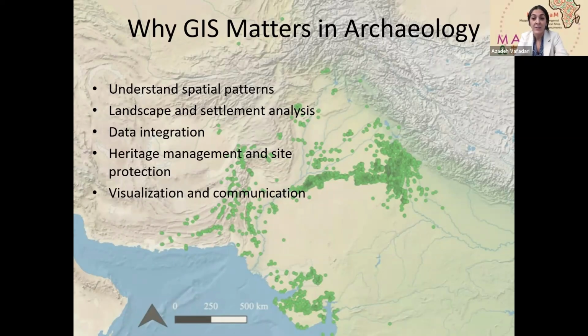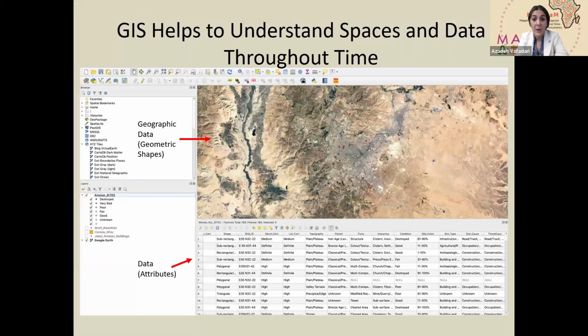You can integrate archaeological data with other related data, such as environmental, infrastructural, urban planning, and so on. It can also be used as a repository of site data for the management of sites. It's a tool that most use for visualization. You can visualize and communicate the visualization and interpretation with others, both for research and heritage protection.